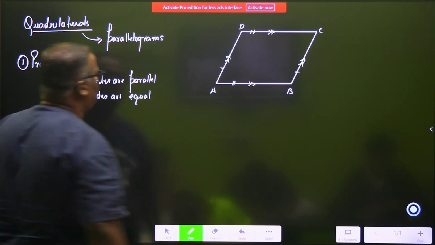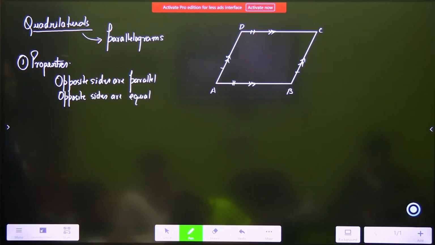Now the difference between grade 8 and grade 9 is, in grade 8 you will be given a parallelogram and you will use all the parameters and properties of a parallelogram to do some findings, like prove this angle is so much, prove that this is parallel to that. In grade 9 the story will just be reverse. You will be given some facets about a quadrilateral and you have to prove that it is a parallelogram. That is the difference between grade 8 and grade 9.